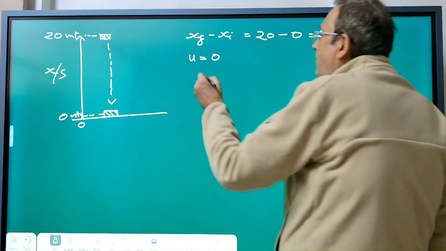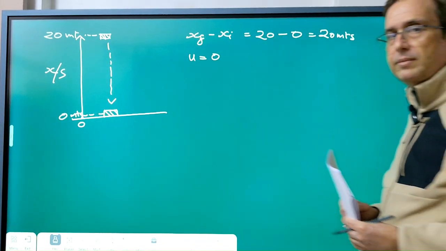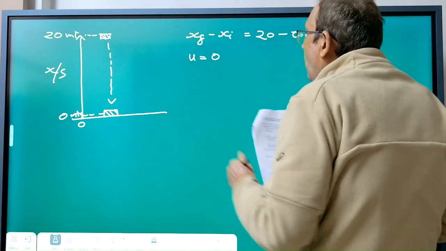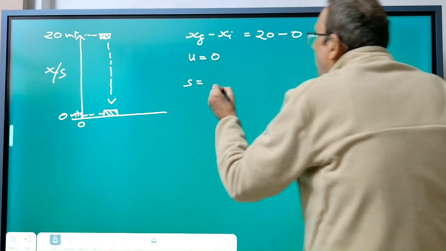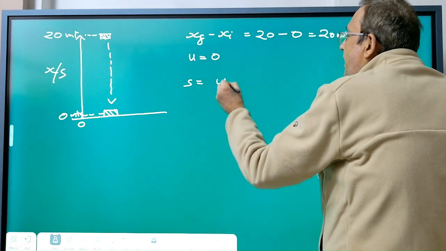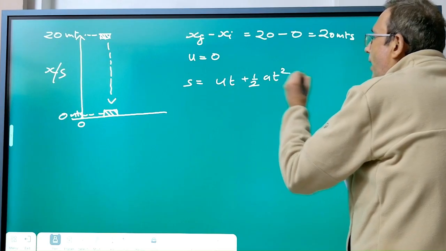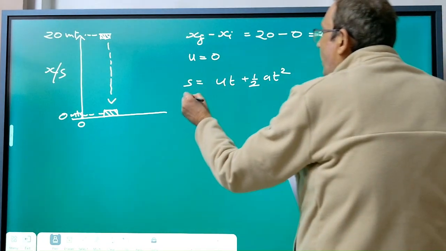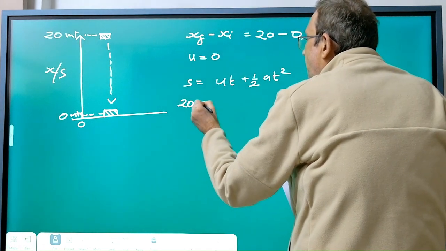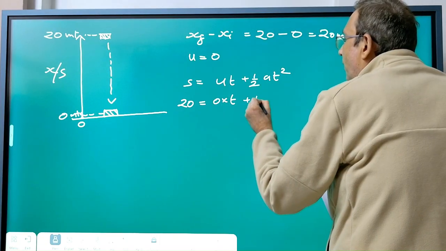Where upward is positive, in that case the displacement is 20 meters, and u is 0, and then we use the formula s is equal to ut plus half at square. So s is 20, then u is 0 plus half.